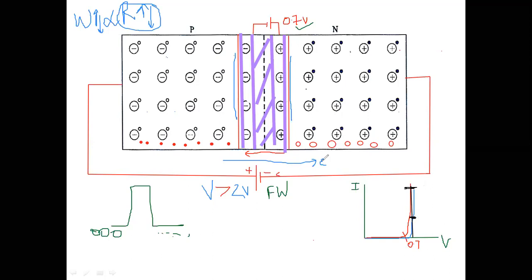Why? Because it is a heavily doped diode, so there are more charge carriers present, so current will be more in forward bias condition. And you see, the characteristics of PN diode and Zener diode are one and the same in forward bias condition. The only problem is with reverse bias.